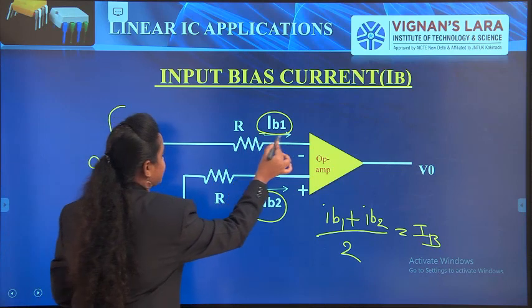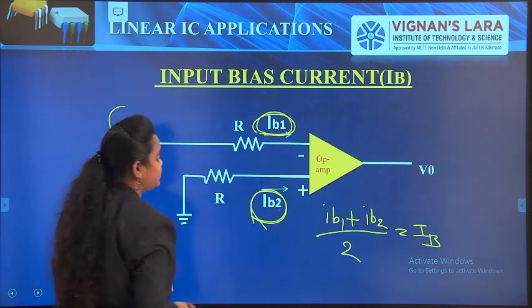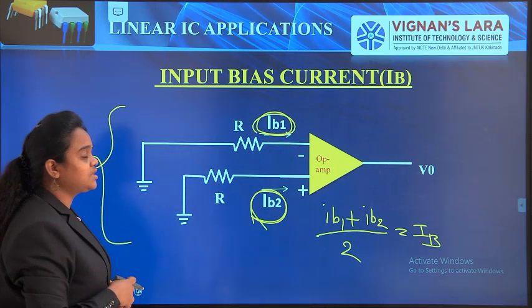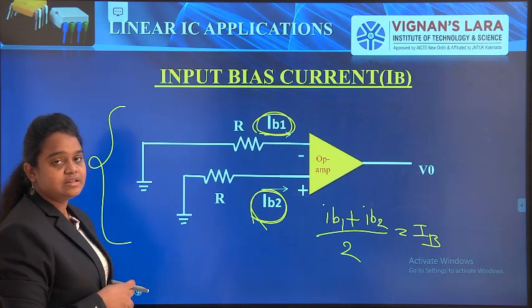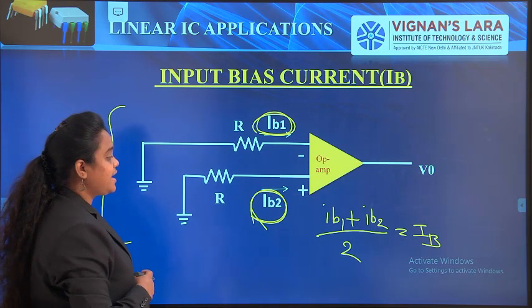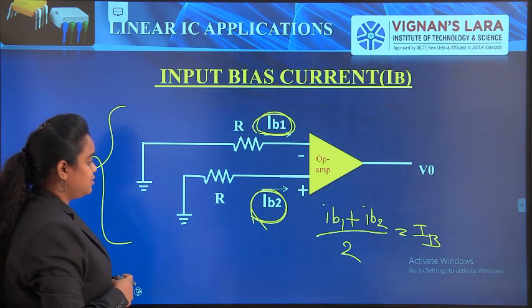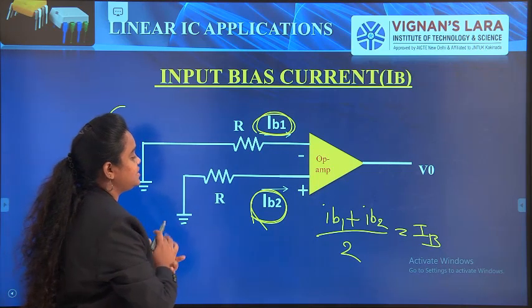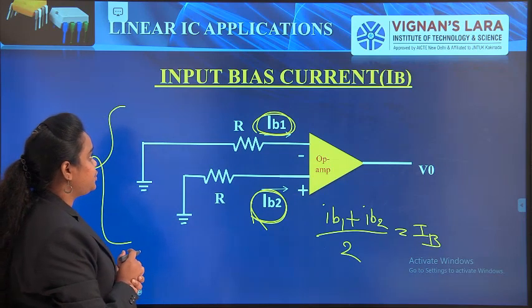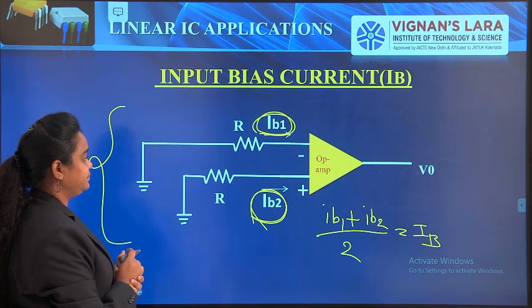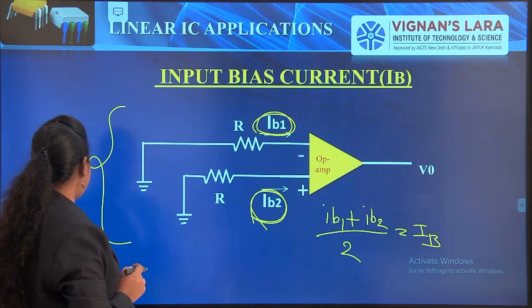Input bias current is IB1 plus IB2 by 2, the average value of both the currents flowing into the internal circuit of the op-amp. Average value of these two currents gives the input bias current IB. Okay, this is the input bias current.